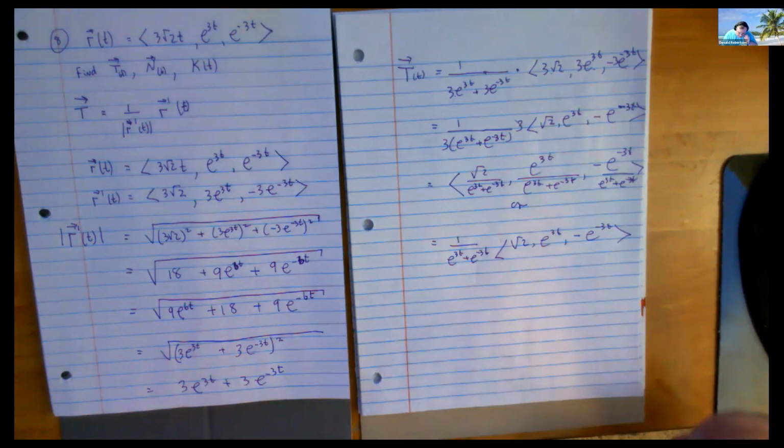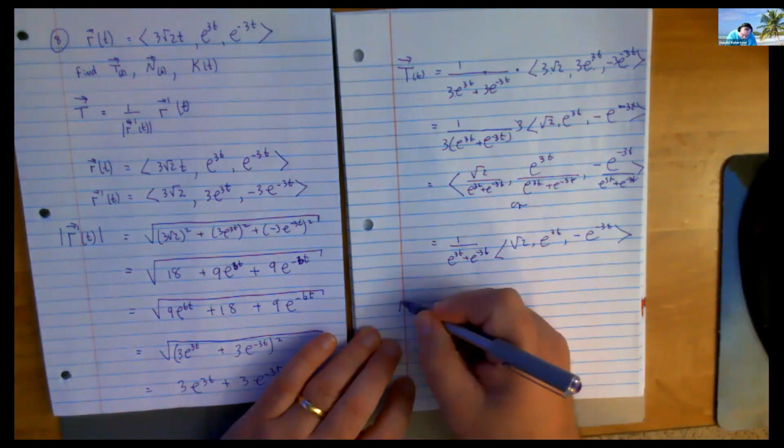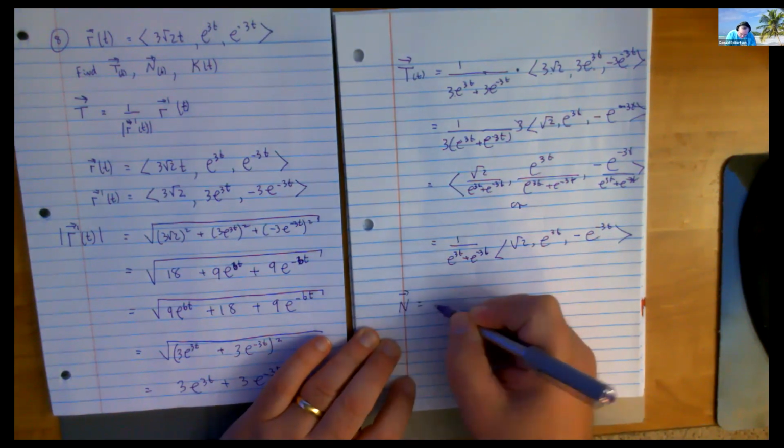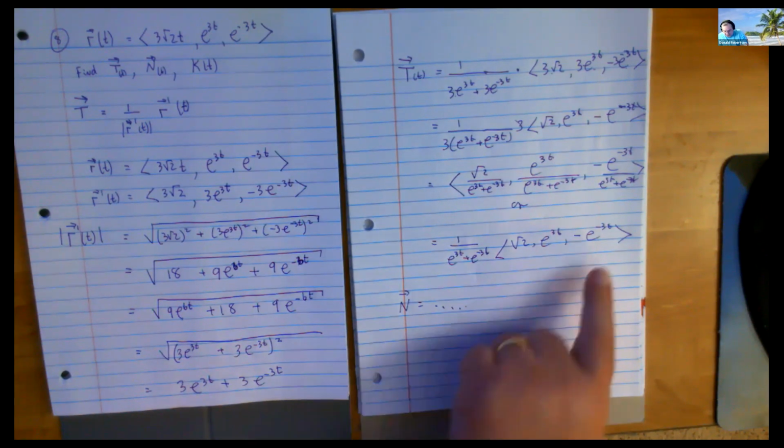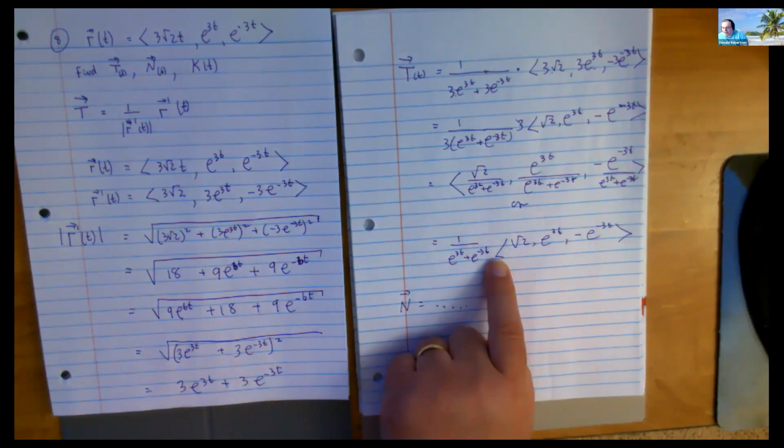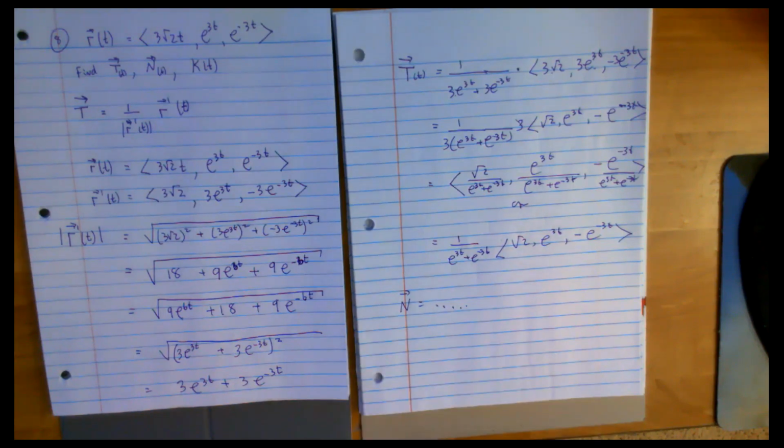Now, I'm going to cheat a little bit here. I'm not going to do the unit normal, but I can tell you, looking at that guy, I'd be spending another 20 minutes doing it. Can you imagine how difficult the derivative is going to be? That's why I wanted you to do this. Right.